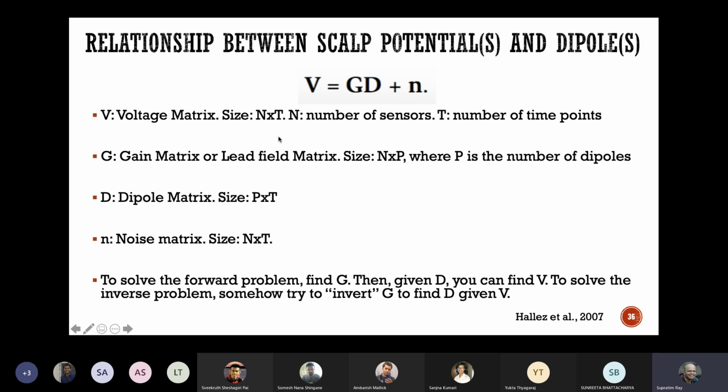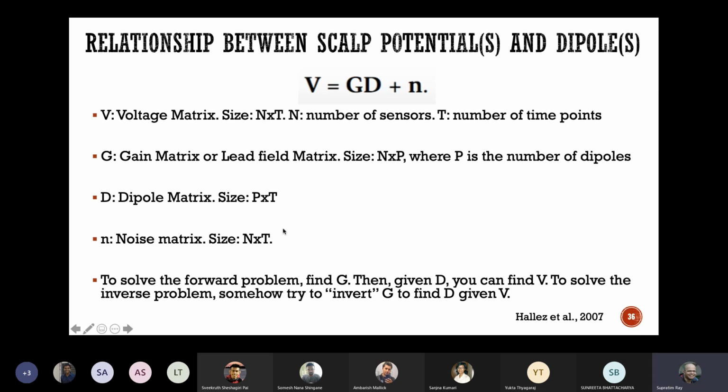Look at the matrix dimensions. This V is an n cross T matrix. T is just the number of time points that you have. n would be a number like 64 or 128. And P is the number of dipoles, which could be anything. You could have 10,000 dipoles if you want, for example.